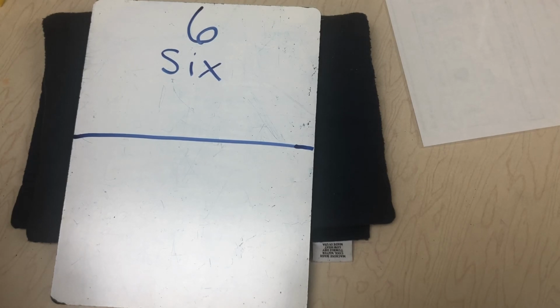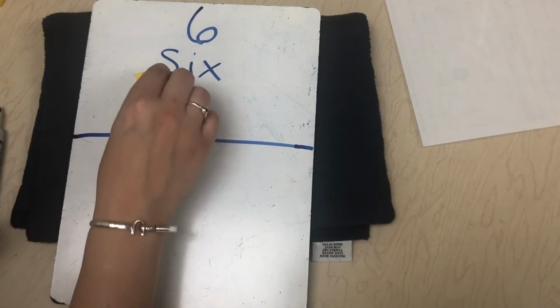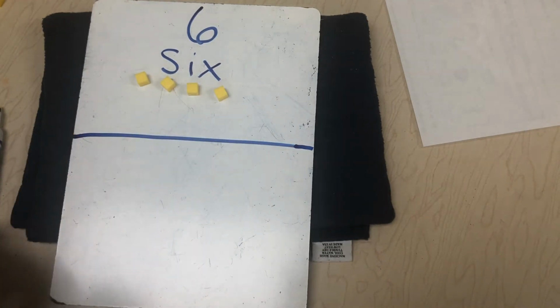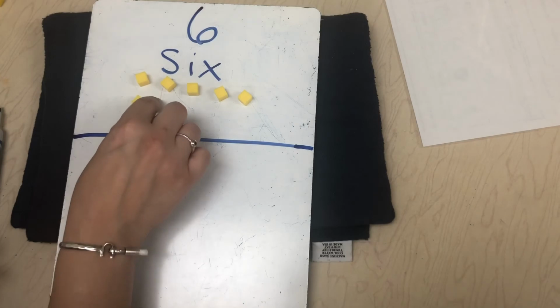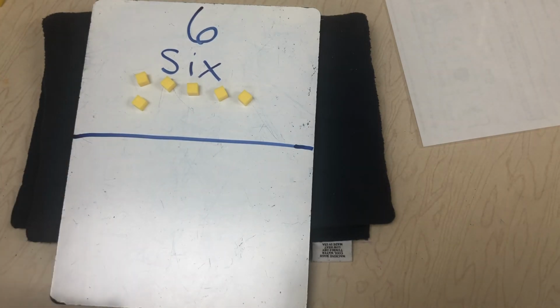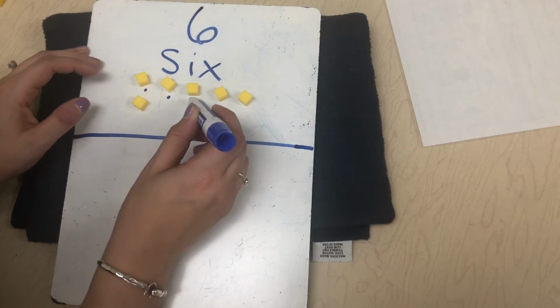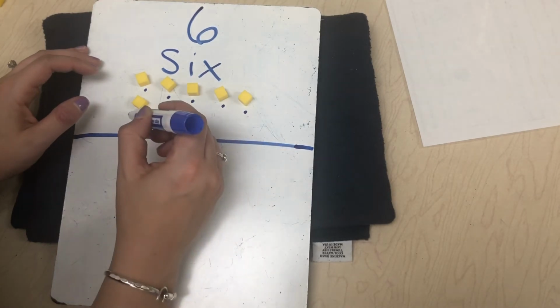We are going to draw or show what the number 6 looks like. So let's show it with manipulatives first this time. 1, 2, 3, 4, 5, 6. If you want to do it like that and have your child draw dots underneath those, 1, 2, 3, 4, 5, 6.